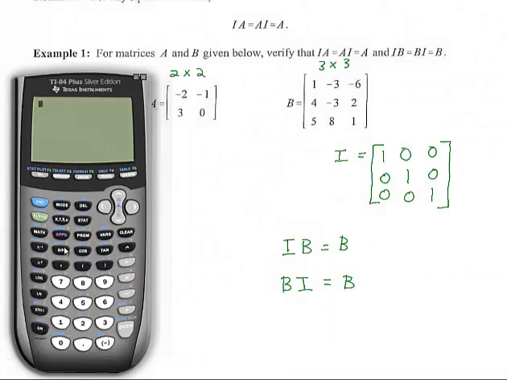So to do that with our calculator, we go to second matrix. We will edit B, which is a 3 by 3.